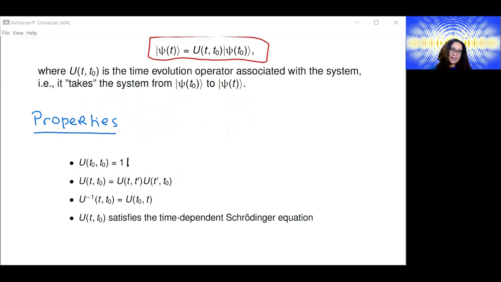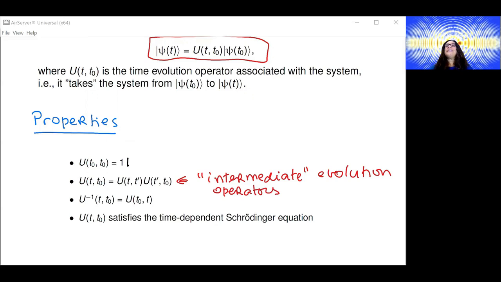So you pretty much define some kind of intermediate evolution operators. And the total evolution operator is some kind of composite operator built up using those intermediate time evolution operators.